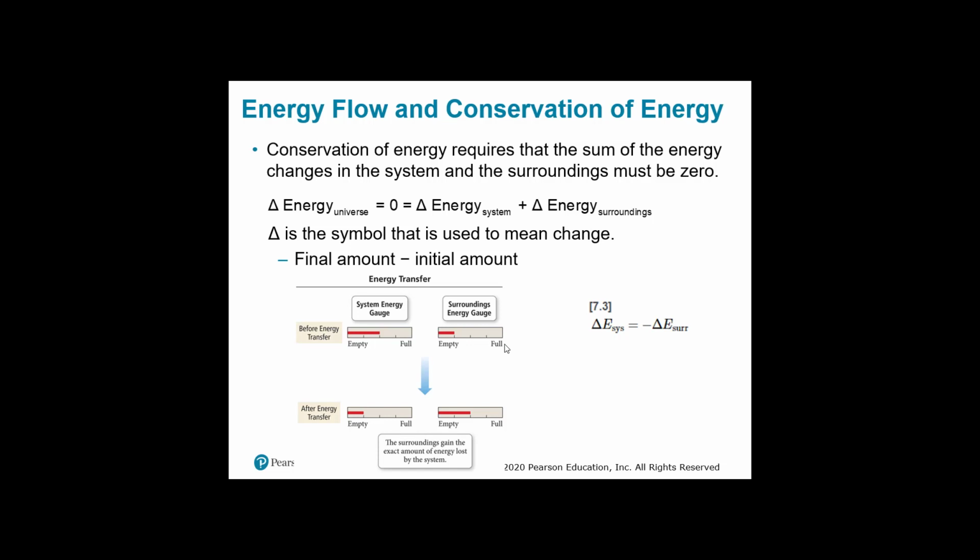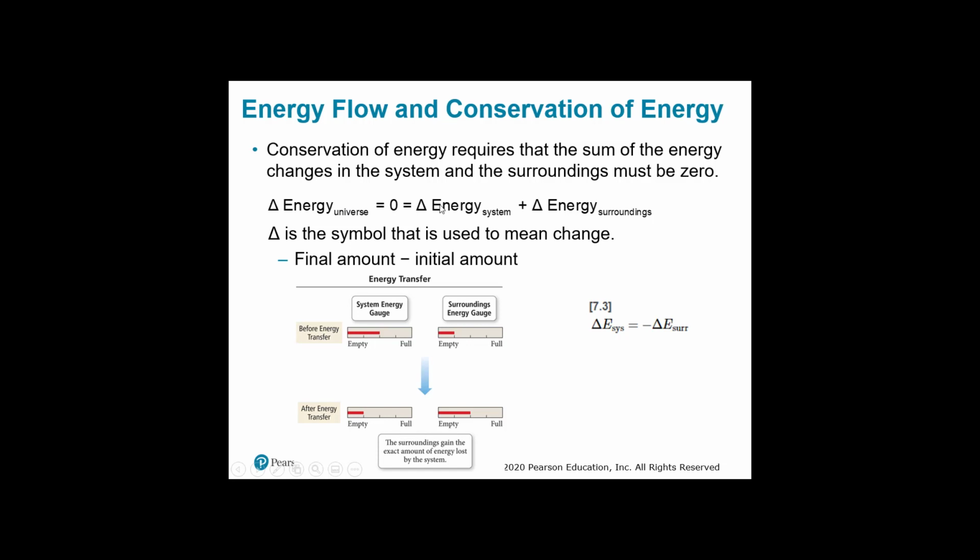You just can't randomly throw numbers out there. You have to figure out where they come from. And if you take from one thing, that means that it's being added to something else. Okay, so when we take a look at this, it's saying that the system and the surroundings must sum to zero. What that means is that the change in internal energy of the universe is equal to zero.